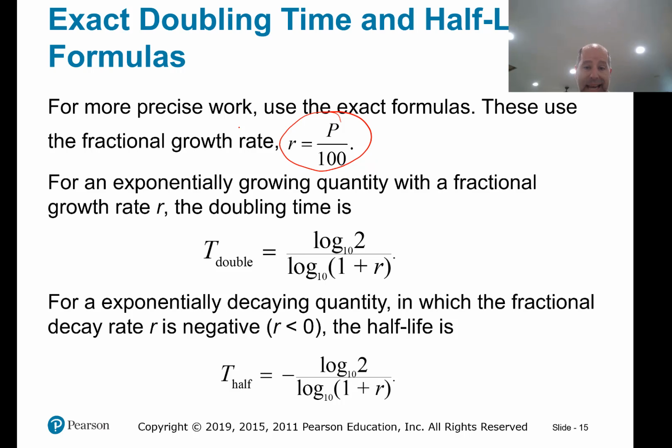So it's always as a decimal, not as a percentage. So in the doubling time, it's the log of 2 divided by the log of 1 plus R. Now, the only difference is with half-life, we use a negative sign out front.